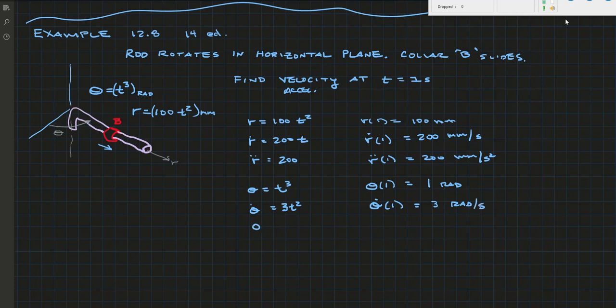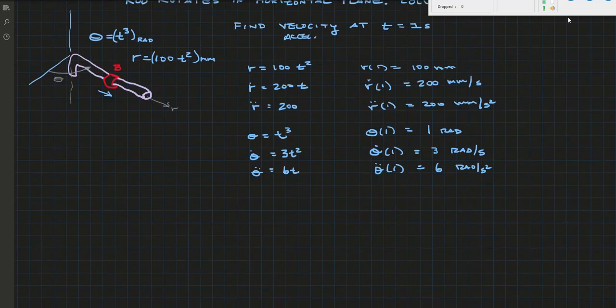And then theta double dot equals 6t, and theta double dot of 1 equals 6 radians per second squared. And this is why these sorts of problems are nice to do, because it's so easy then just to use a cookbook approach to solving.